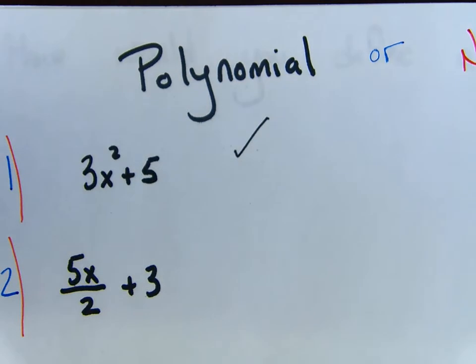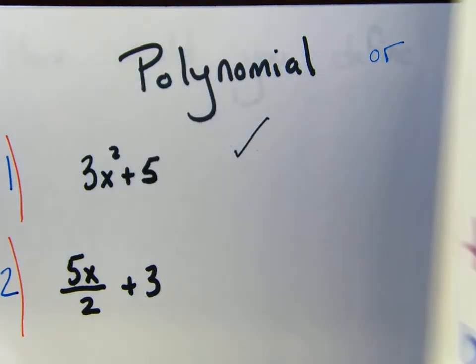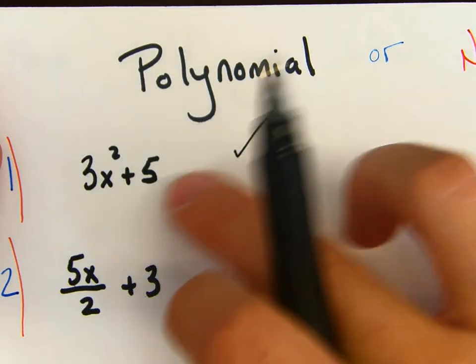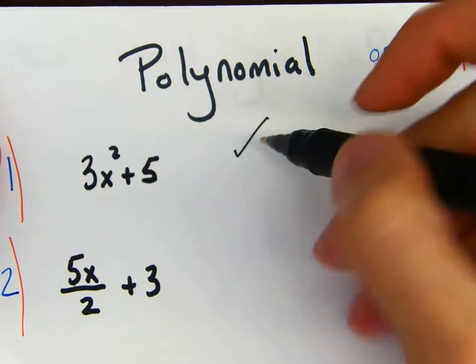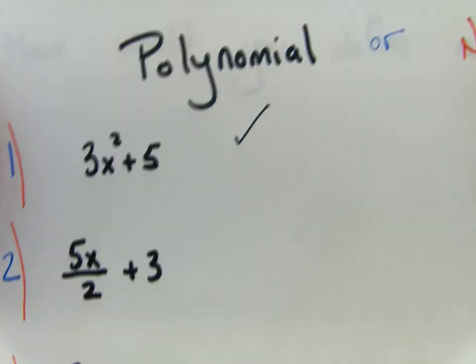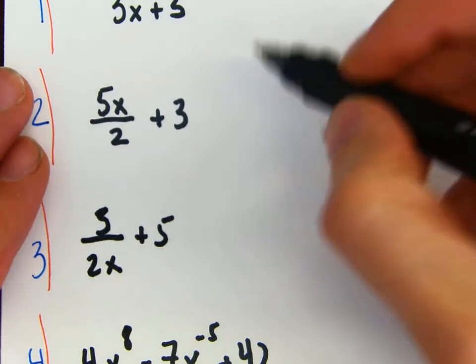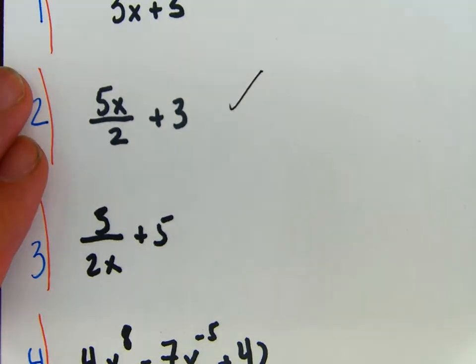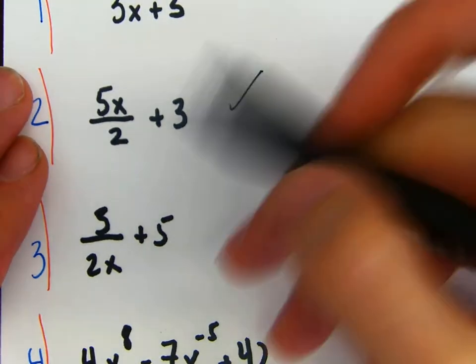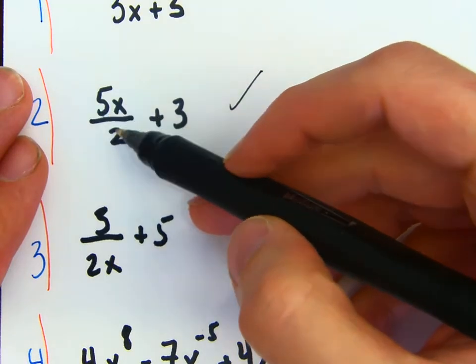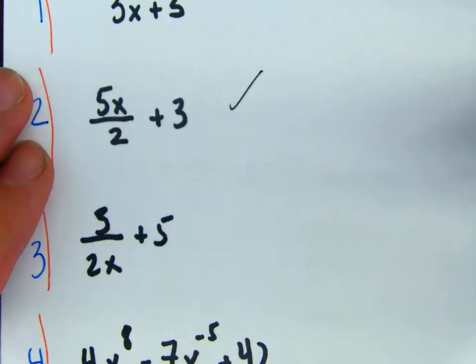None of the criteria where it is not a polynomial are evident here. So this is okay. We have a polynomial. 5x over 2 plus 3. That's fine. This is a polynomial, right? We're taking x and multiplying it by 5 over 2, and we're adding 3.